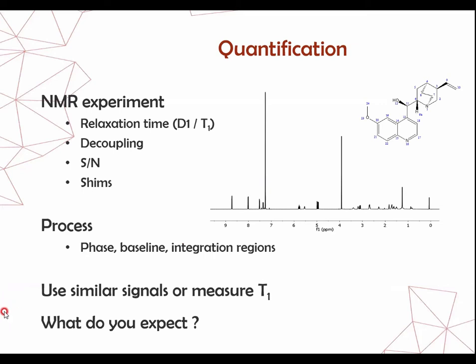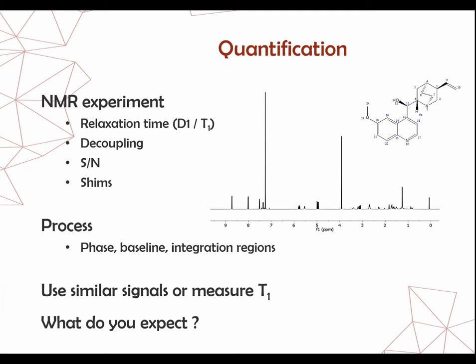If you have a good enough spectrum in terms of signal to noise ratio, and you want to be quantitative, usually the parameter you have to change is the D1. You can access this parameter in the same place that you change the number of scans.